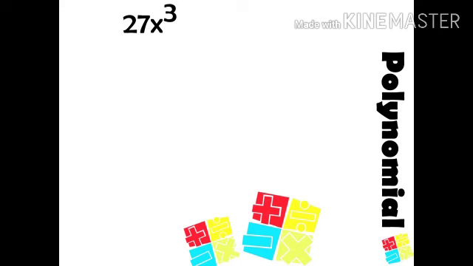Next example, we have 27x cubed plus 64y cubed. As you can see, this expression has different variables, which are x and y. As you think, 27x cubed is the answer for 3x times 3x times 3x.